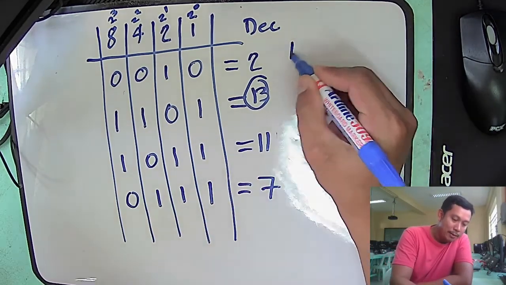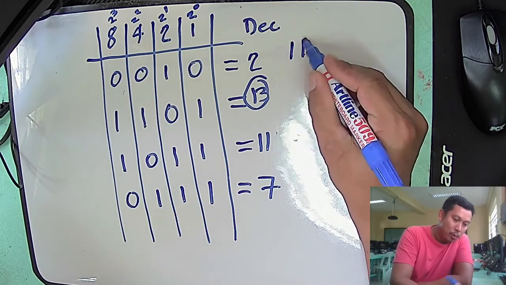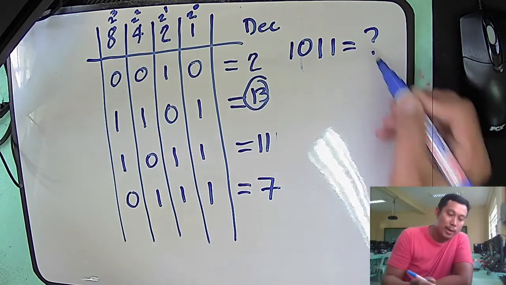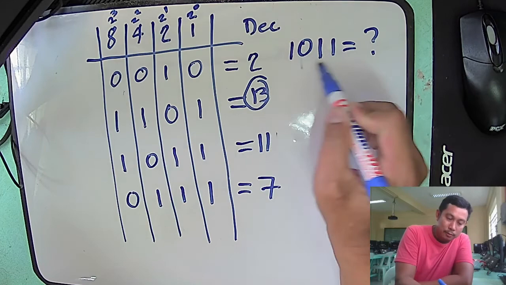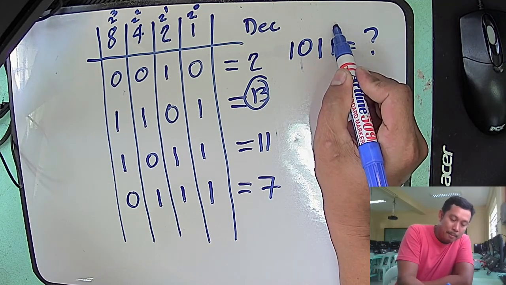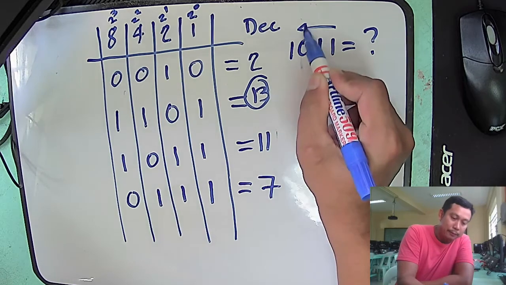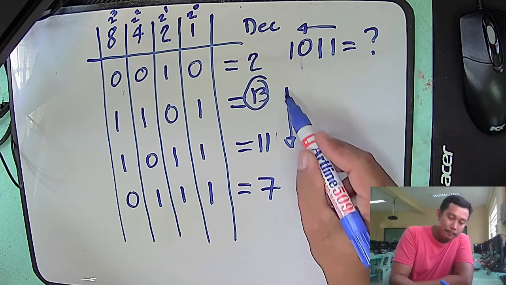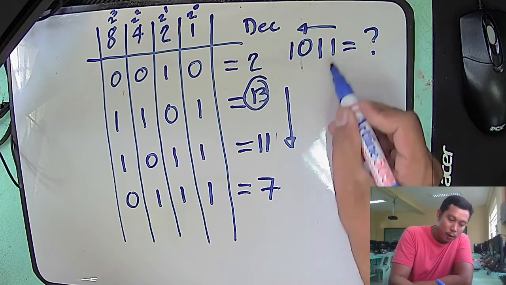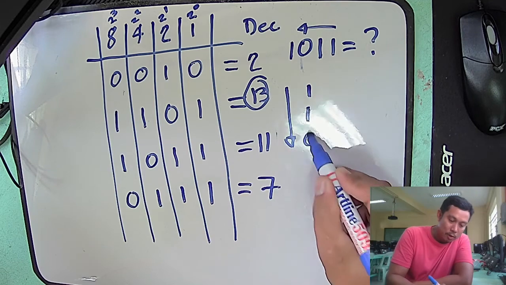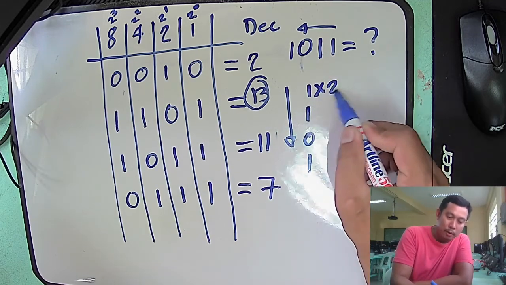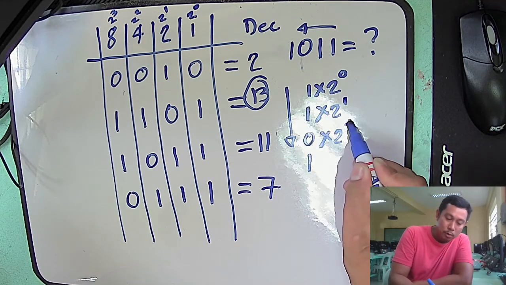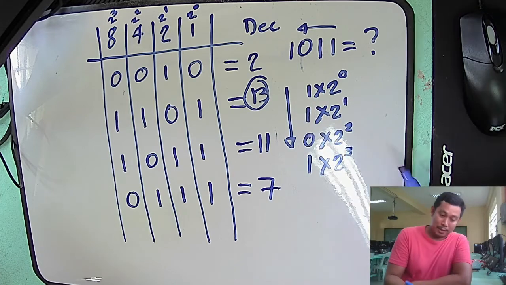1, 0, 1, 1 equals what? So, get these digits here, the binary, from right to left, downward. Right to left, downward. So, therefore, 1, 1, 0, 1 times 2 to the power of 0, times 2 to the power of 1, times 2 to the power of 2, times 2 to the power of 3.